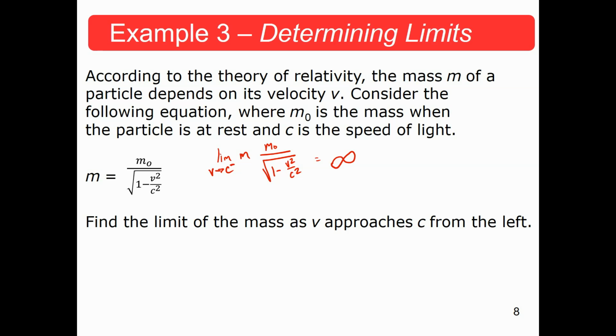This number will never be bigger than 1. It'll always be less than 1, because the number on the top will always be smaller than c squared. So 1 minus a smaller number gives us a positive number, which is cool. We know it's got to be positive anyway because we can't take the square root and get a negative number. So we get infinity. So the mass approaches infinite mass as the speed of light is approached.